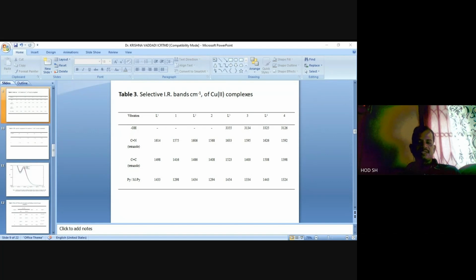Next is the viscosity study of the effect of the copper complex on the viscosity of DNA, relative specific viscosity versus the complexes. The third complex has more effect on the flow velocity.